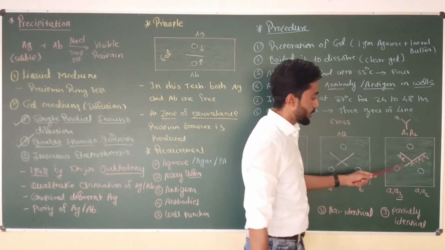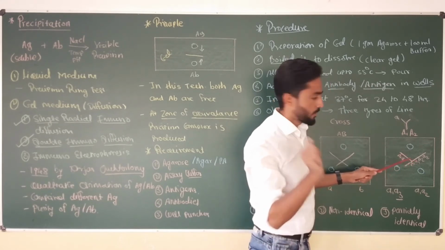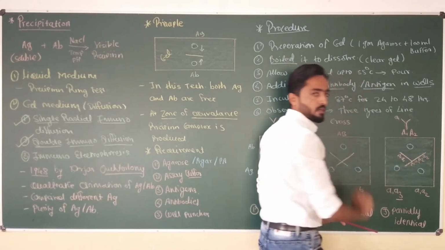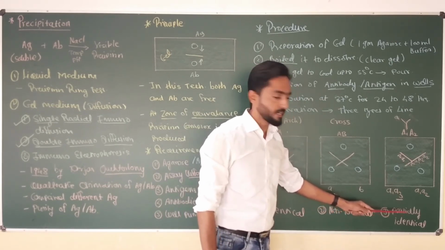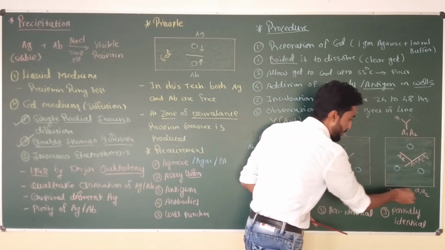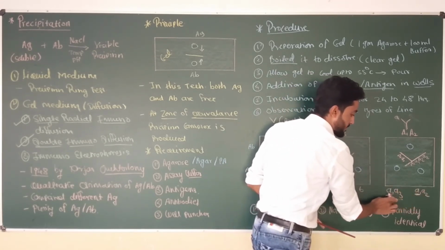This A3 epitope remains free, so this line appears small. This Y-shaped precipitation line indicates that both antigens are partially identical, because they have the A1 epitope which is similar, but they also have A2 and A3 epitopes which are dissimilar.